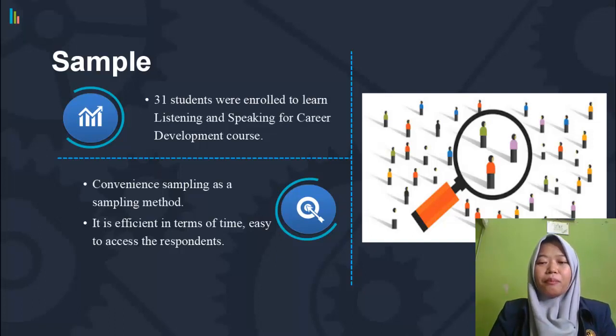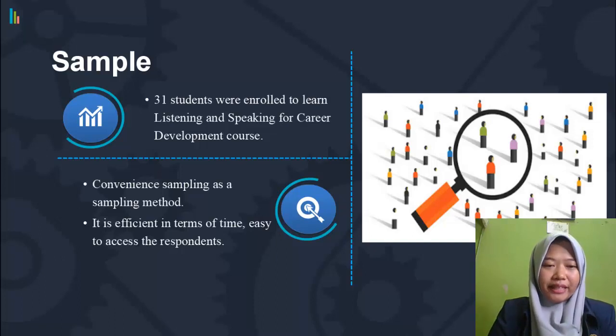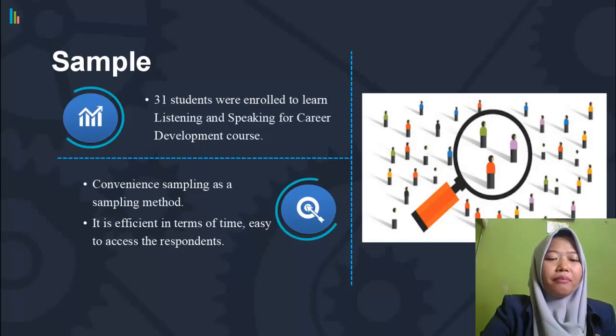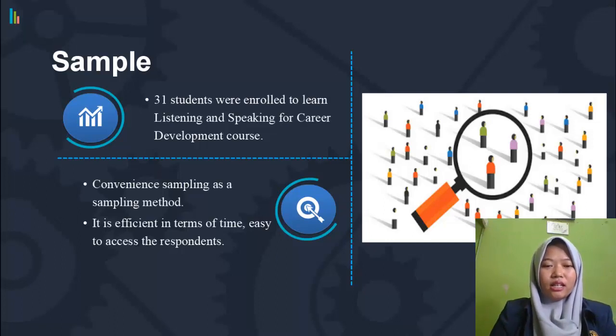The sampling method applied in this research is convenience sampling, because it is efficient in terms of time and easy to access respondents. Easy to access the respondent here means that the researcher can choose the nearest or available respondent that can fulfill the questionnaire or has time to fulfill the questionnaire.